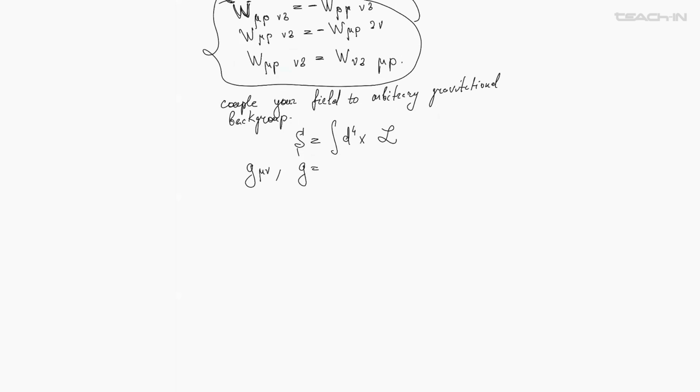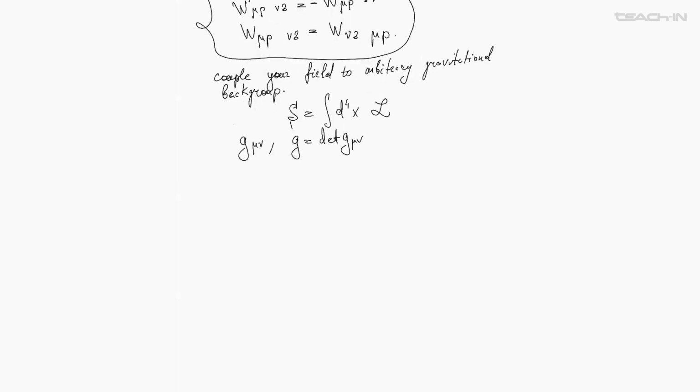Then it's known that under diffeomorphisms, x prime mu goes to x mu plus psi mu, where psi mu is, by definition, a vector field which depends on the coordinates of space-time. The metric is known to transform in the following way: delta g mu nu infinitesimally is the symmetrized covariant derivative of the vector psi nu.